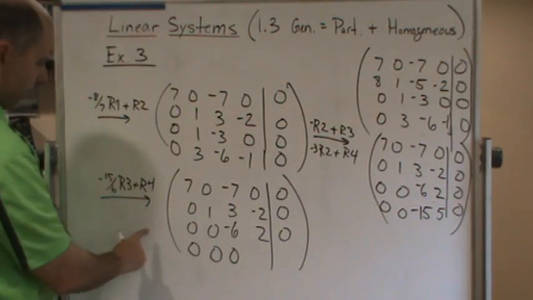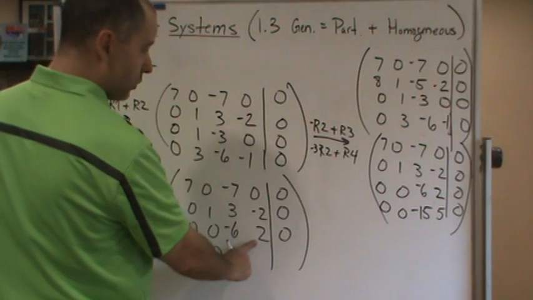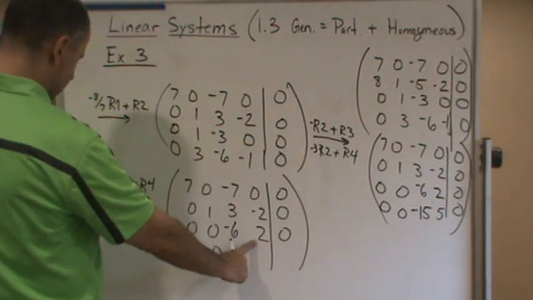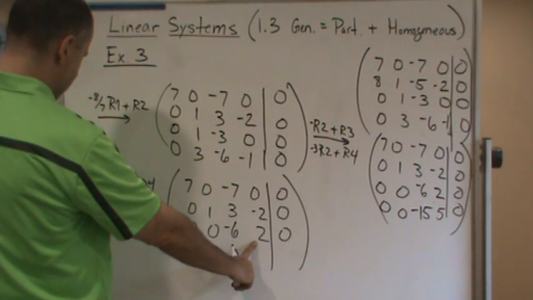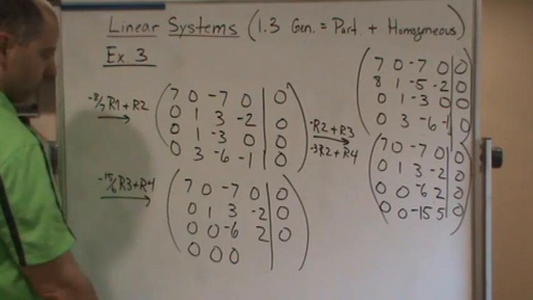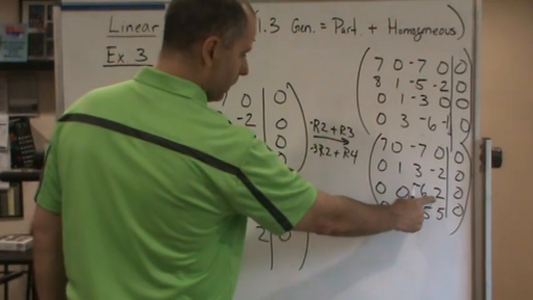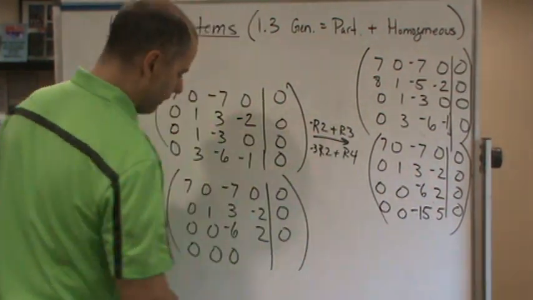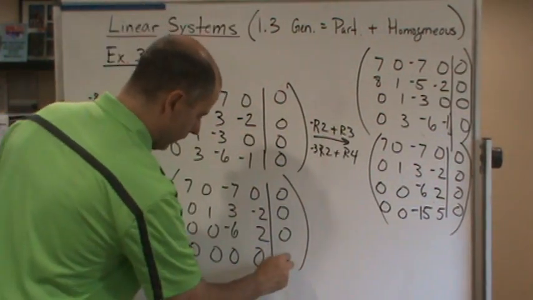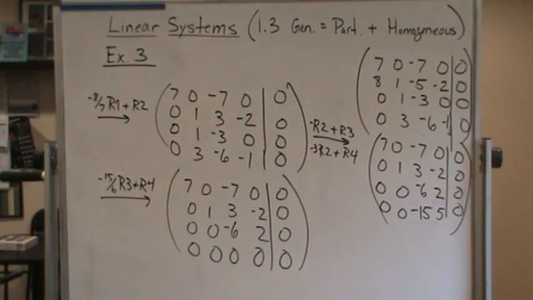Then negative 15 sixths times 2 is negative 15 thirds, which is negative 5. Negative 5 plus 5 is 0. And so we get a row of zeros at the bottom, right? So remember that 0 equals 0.